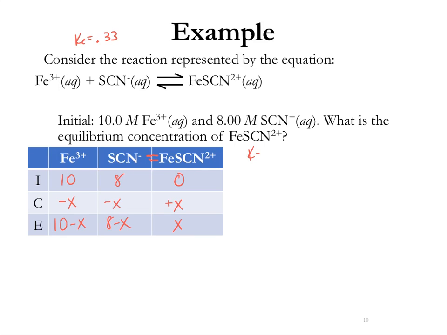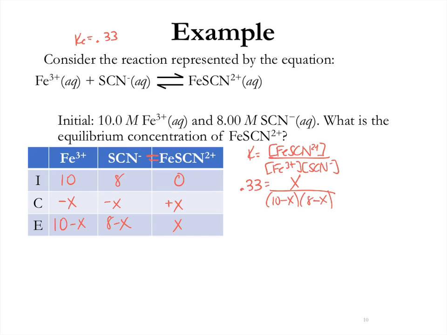So K is equal to product over our reactants, so 0.33 because we solved that from before, and that's a constant, equals x over 10 minus x and 8 minus x.